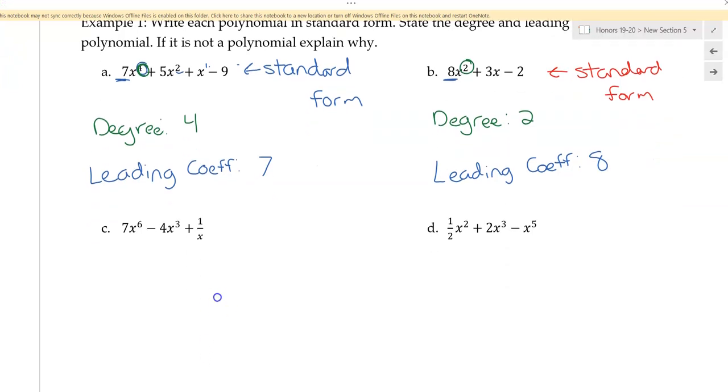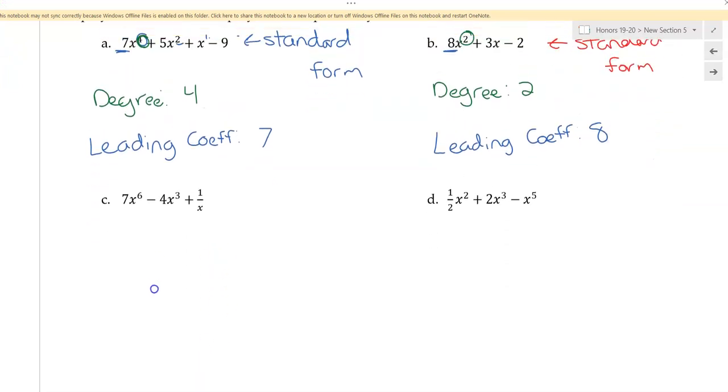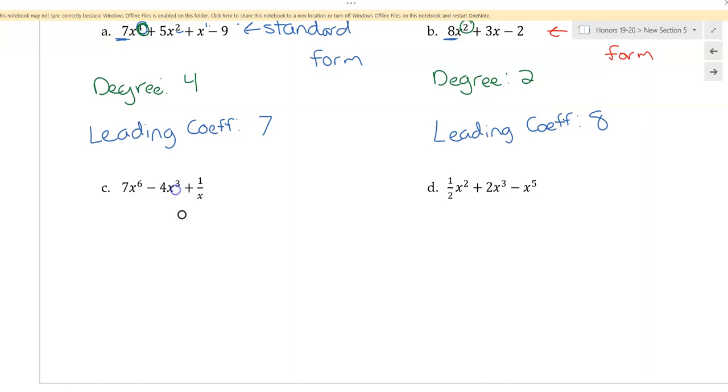Looking at C, right? So it's looking good because I have 6 and then an exponent of 3, but then I have this 1 over x. This does not work. This is not a positive exponent. 1 over x is the same as x to the negative 1.